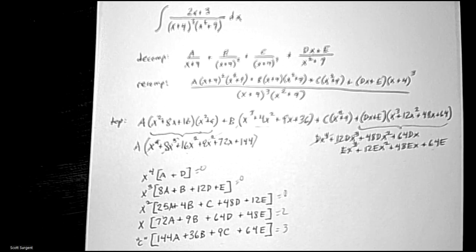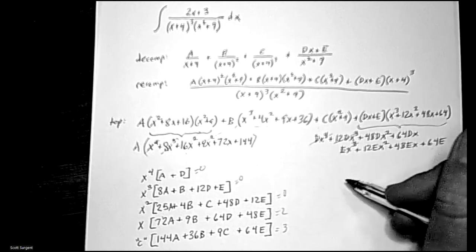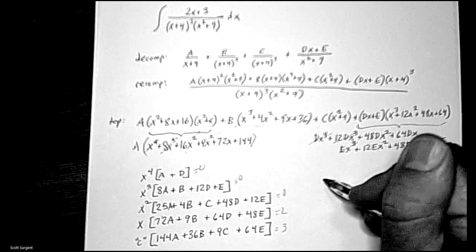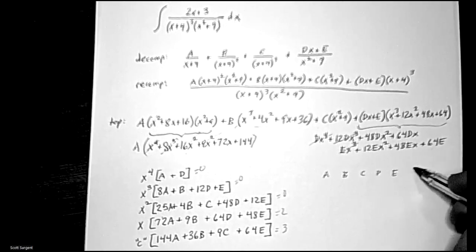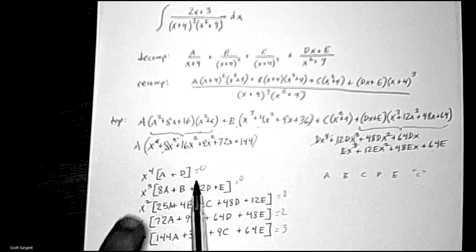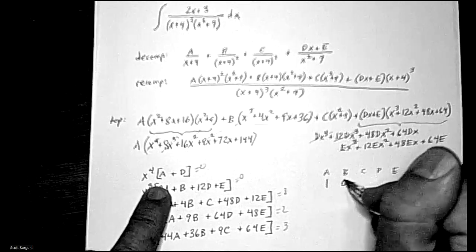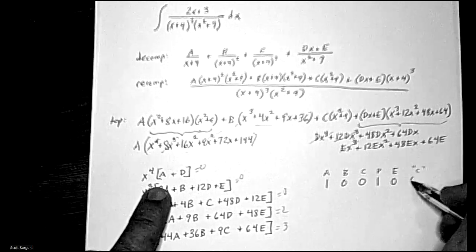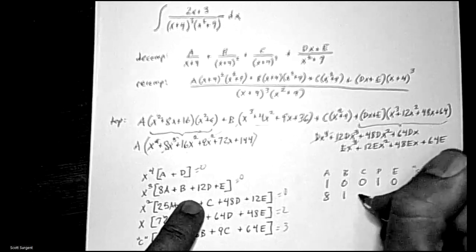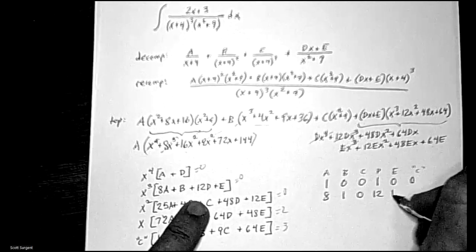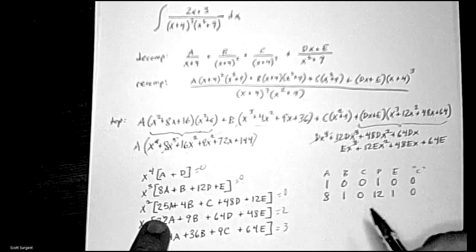So what we need to do right now is create a system, and the system is going to look like this. I'll make columns, then we have the constants. From here, I have a 1A, no B's, no C's, a D, nothing else. From here, I have an 8, a 1, no C's, a 12, a 1, and nothing, because that was a 0.